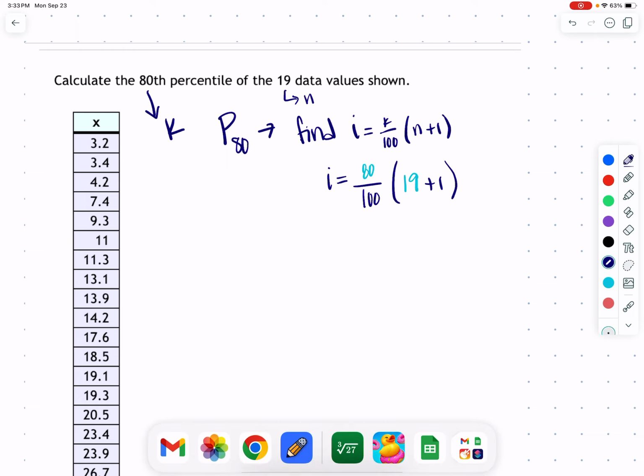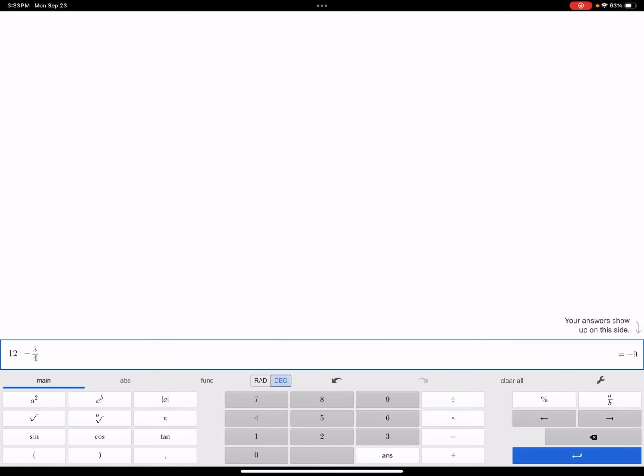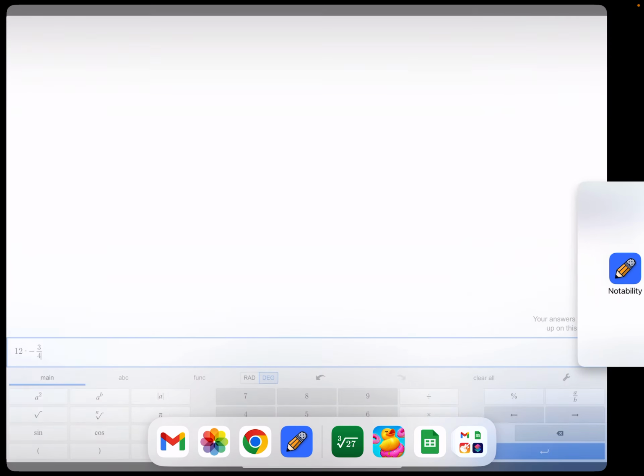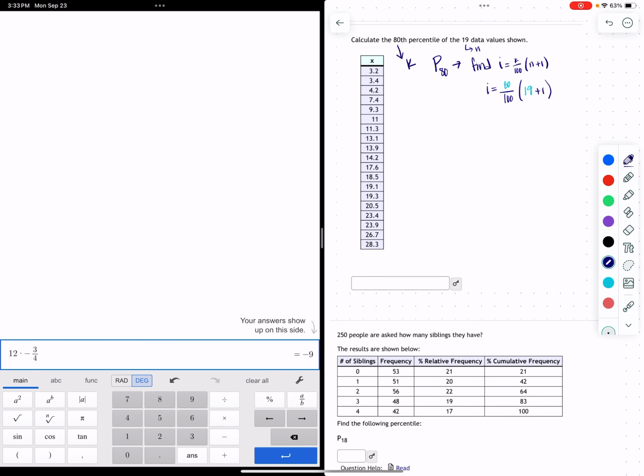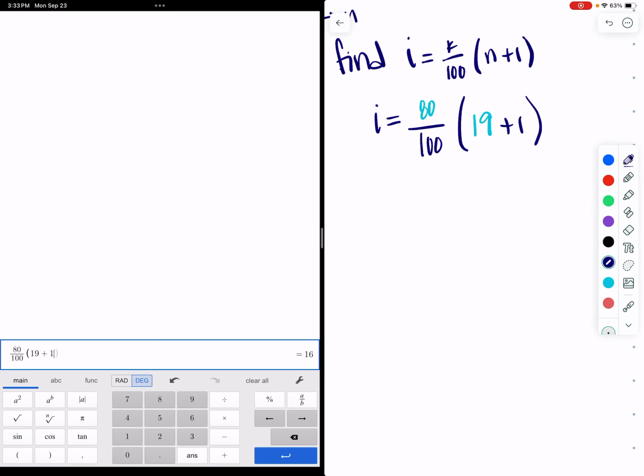And I'm going to go to the calculator. I have 80 divided by 100 times 19 plus 1. If you can do that in your head, great. I do not do mental math very well.